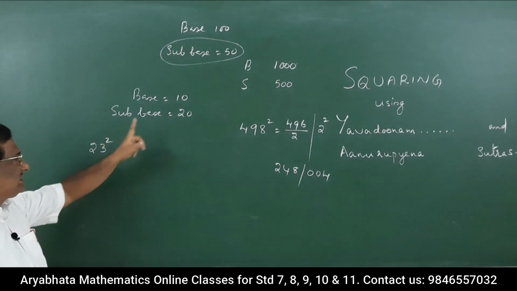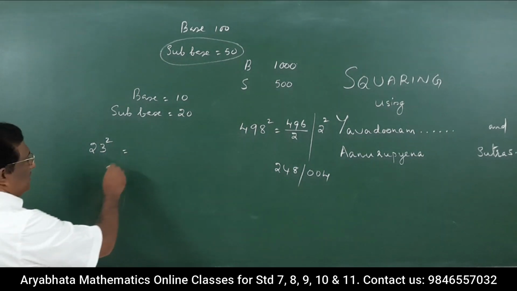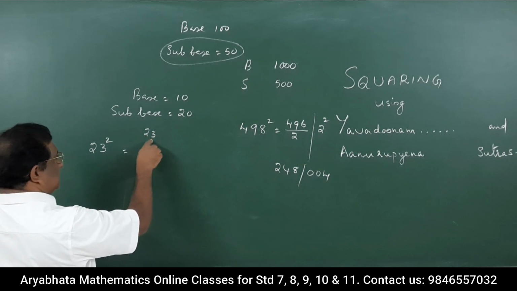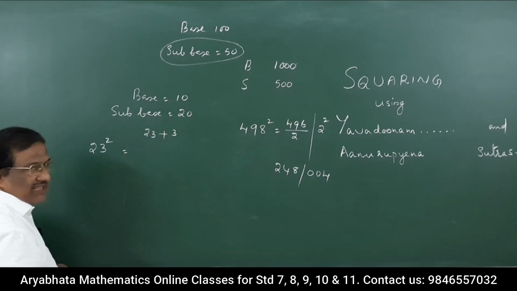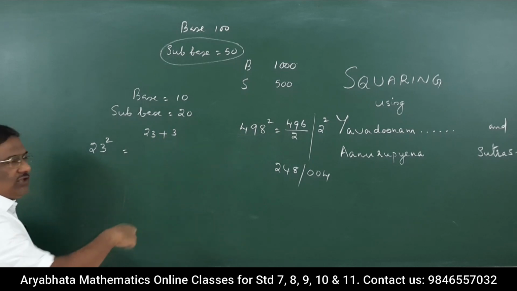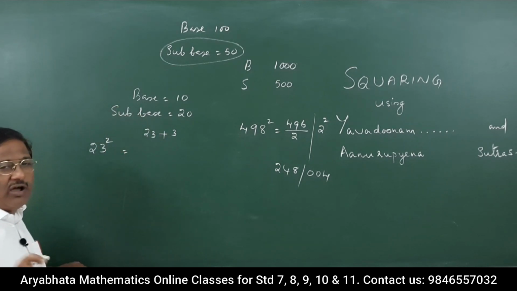If the number exceeds, then you have to add. 23 is the number and 23 is 3 more than 20. That's why I am adding that 3. If the number is more than base or sub base, you have to add. If the number is less than base or sub base, you have to subtract.